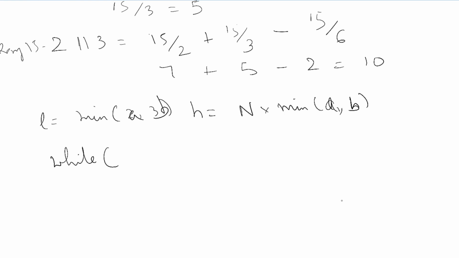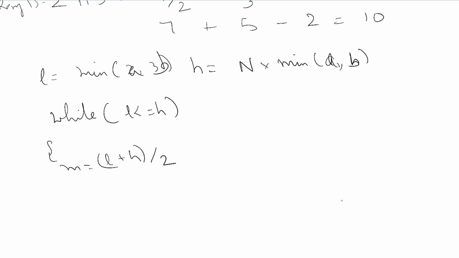While L is less than or equal to H, we calculate m equals L plus H by 2. Now we need to check how many multiples of either 2 or 3 are in the range m. C equals m by a plus m by b minus m by LCM of a comma b.